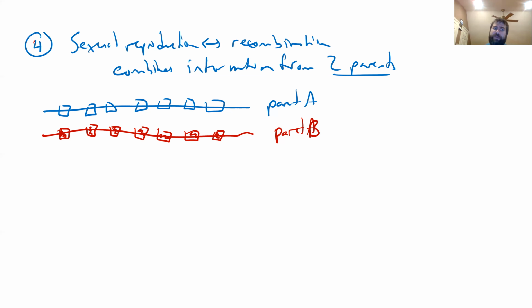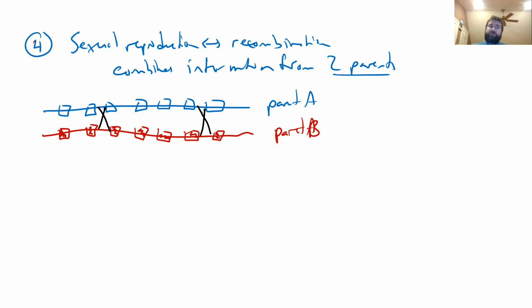And in the process of recombination, what happens is that the information of these 2 parents is mixed by making crossovers. And so there are points that the 2 genes, and physically this is actually what happens in the process of recombination, the 2 chromosomes line up next to each other.